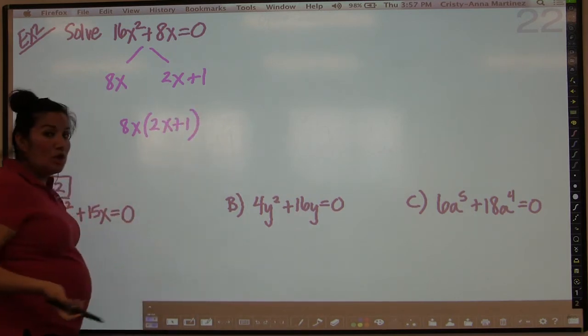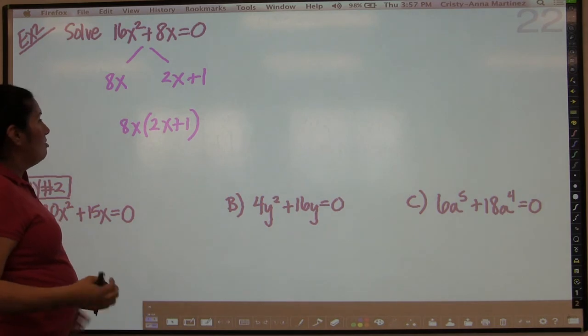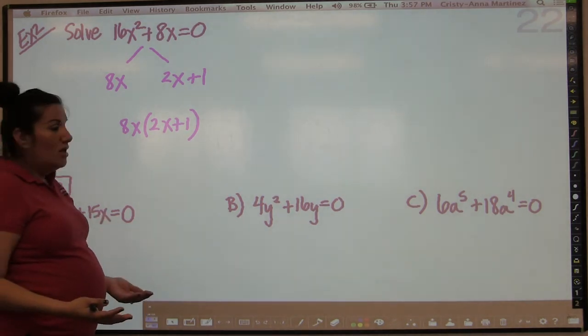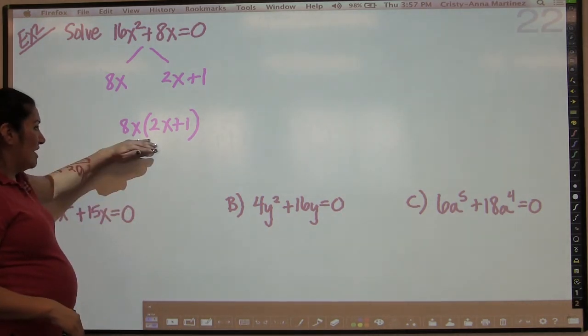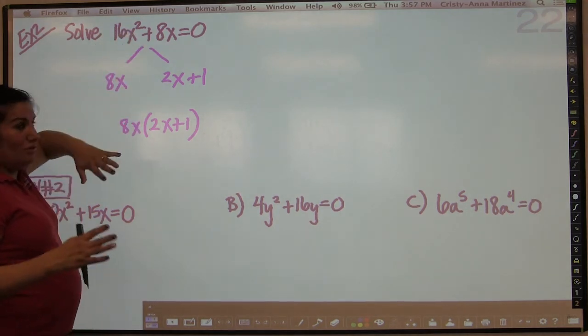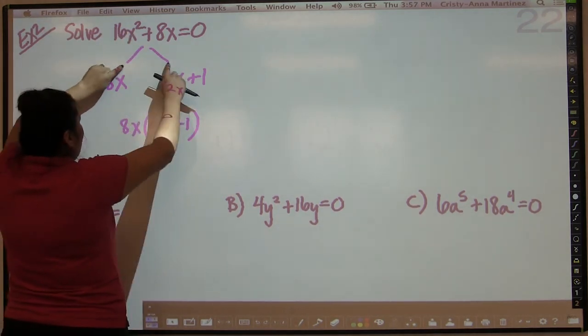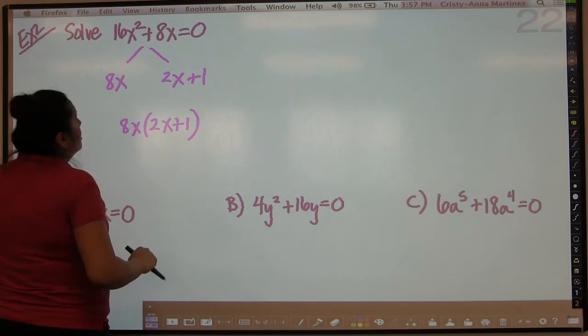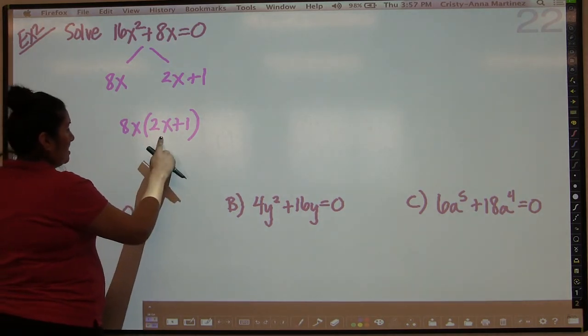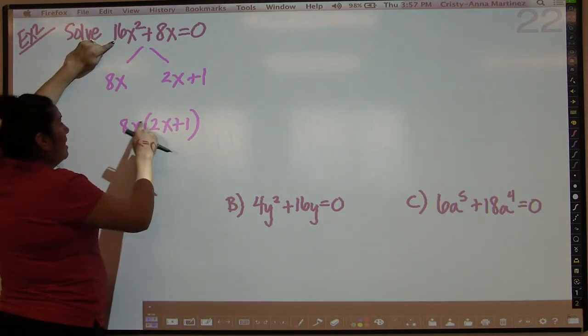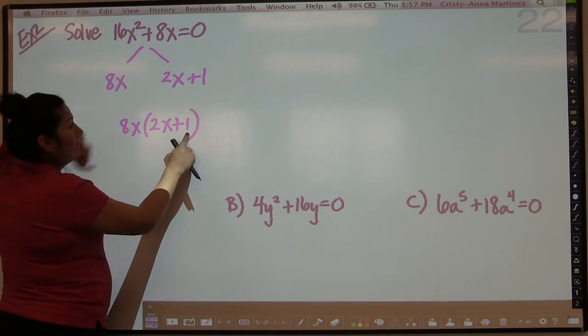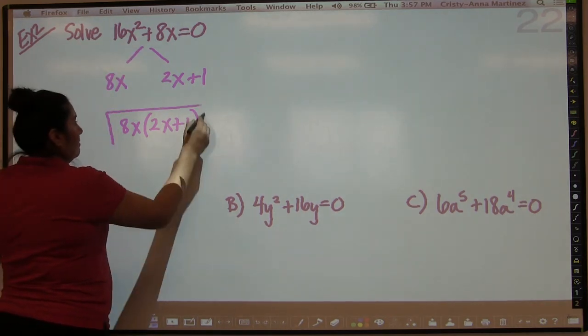And you can do a really quick check to see if you got it right by distributing to make sure that this is the exact same thing as the original. Because remember, the factor tree says that when you multiply the 2 branches, you should get back to the original. So we go 8x times 2x, which is in fact 16x squared, and 8x times 1 is 8x. And so we did it right.